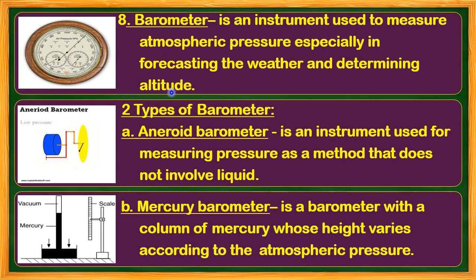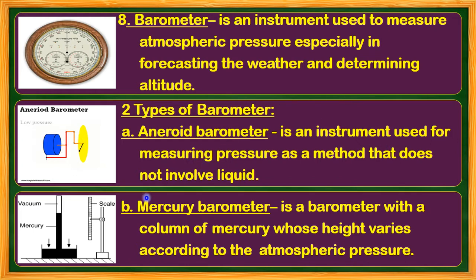Now, there are two types of barometer, class. We have here letter A, aneroid barometer, and letter B, which is mercury barometer. This is what an aneroid barometer looks like, you can see here at the left side of the monitor. It is an instrument used for measuring pressure by a method that does not involve liquid.